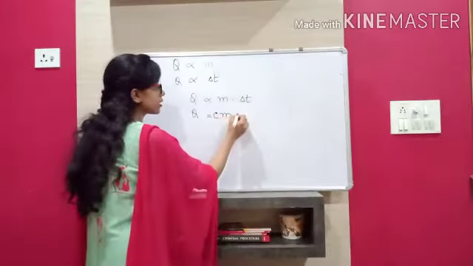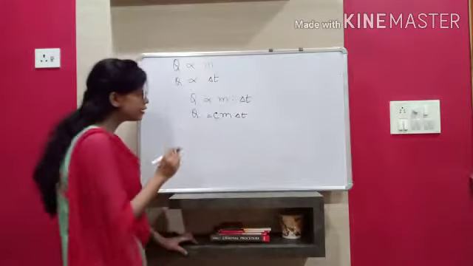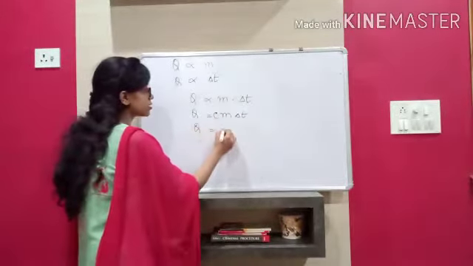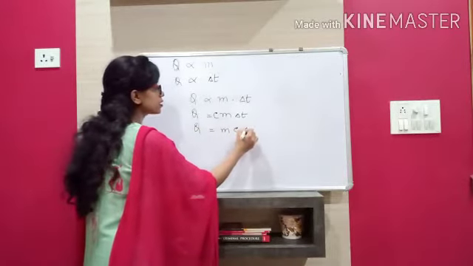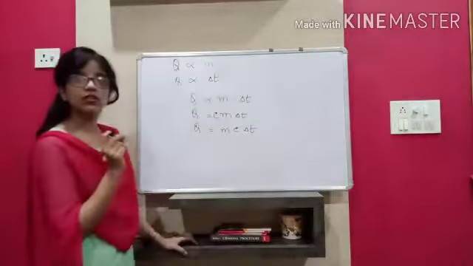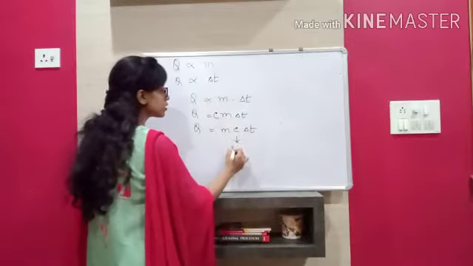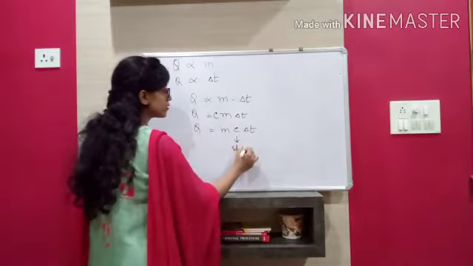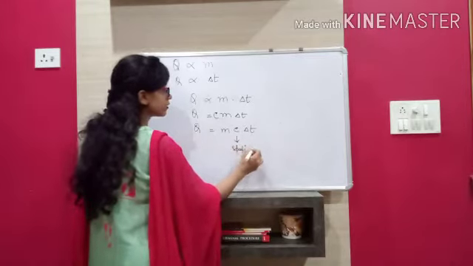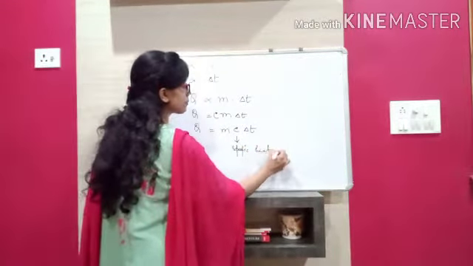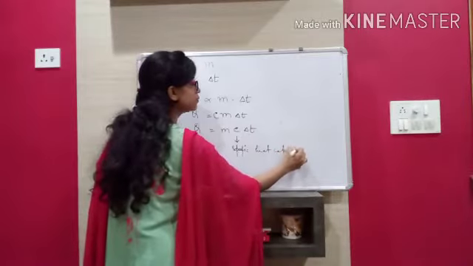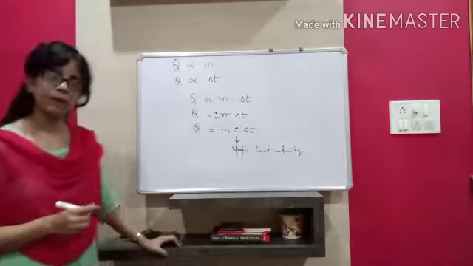C, and m and delta T. Written properly, it is Q equals m C delta T. Here this C, the constant of proportionality, is given the name specific heat capacity.